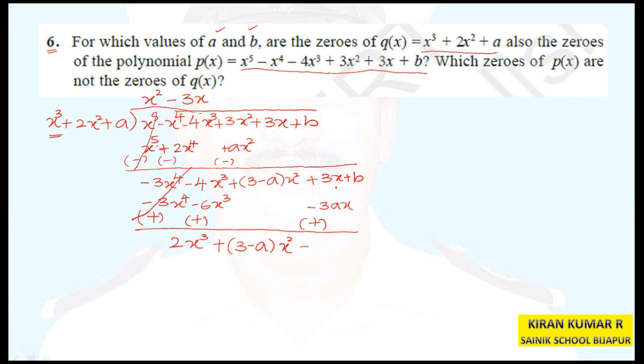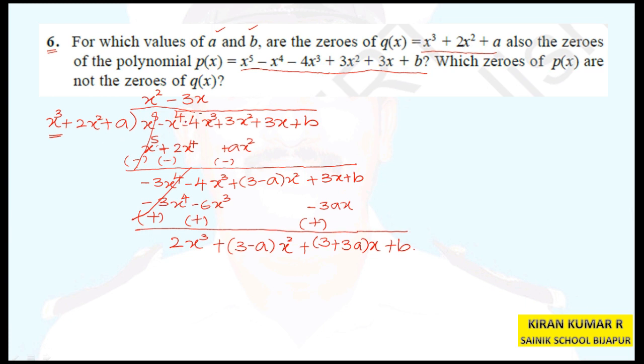Now if you take x as common, as we have done in the previous step, we will be having 3 added to 3a. So we will write this as plus 3 plus 3a times x plus b. Look at the degree here. Degree of this expression is 3. Degree of the divisor is also 3. So we can further continue our division.